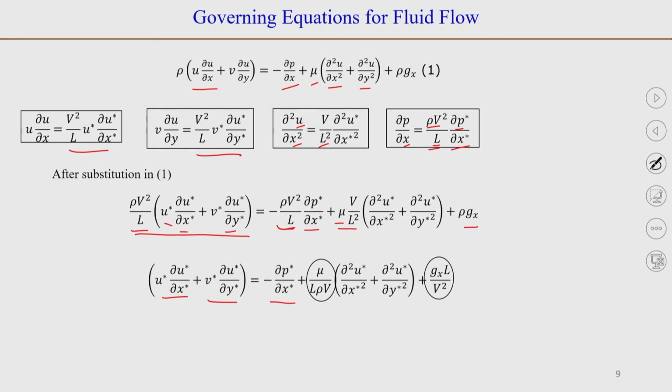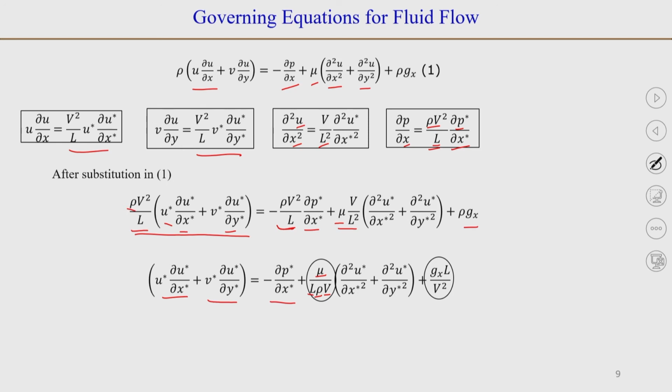you will be left with 1 L in the denominator, mu will remain in the numerator, and in the denominator you will have V squared and 1 V at the top. So, in the denominator you will have 1 V and 1 rho, because of the rho present here.